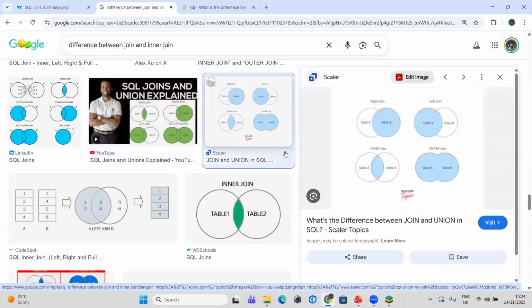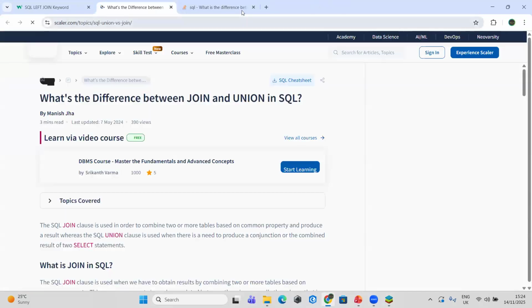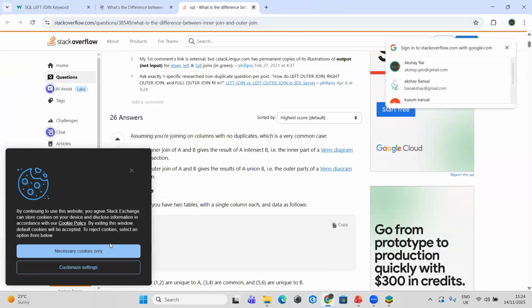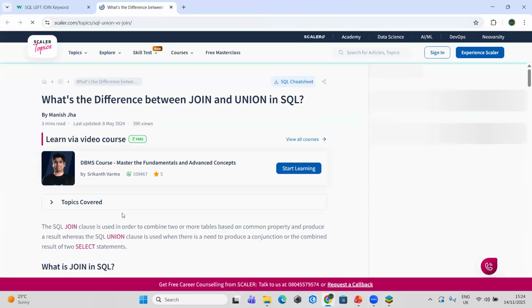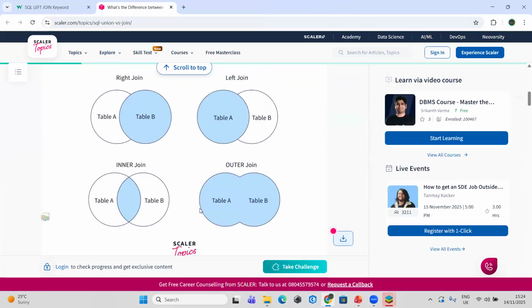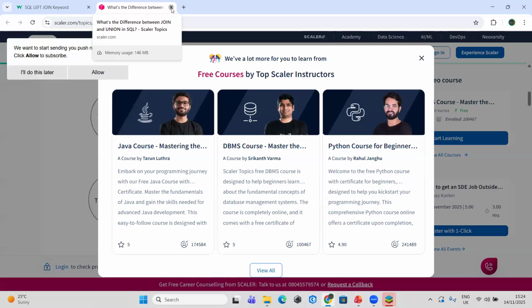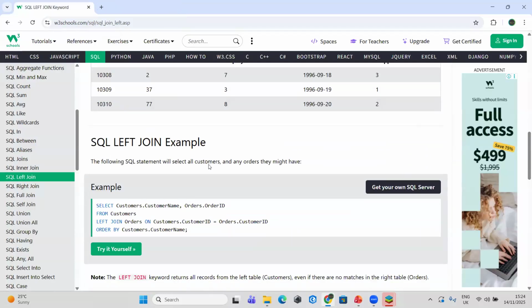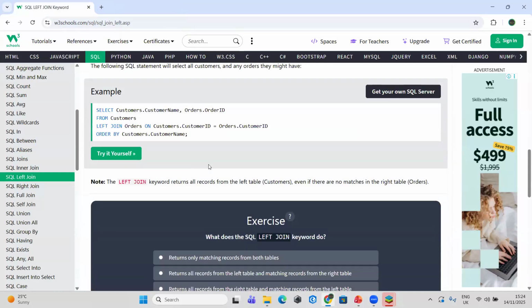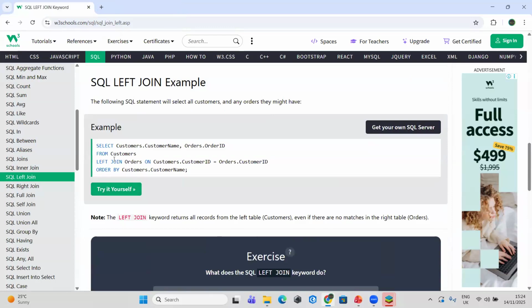So if you look at these images, right? Now, if I tell you to look at this image, you understand it now, right? Got the extract of it, right? So if I have to perform a left join, you know it already now. That is select from left join.